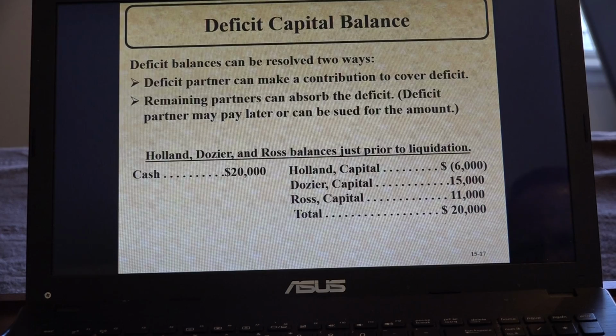Well, they're going to have to absorb the loss, and they'll have to do so on a 2/3, 1/3 basis. Dozier and Ross will, because of their allocation of 4 versus 2. So grand total of 6, so 4/6, or 2/3 if you will, and the other is 2/6 or 1/3 for Ross.